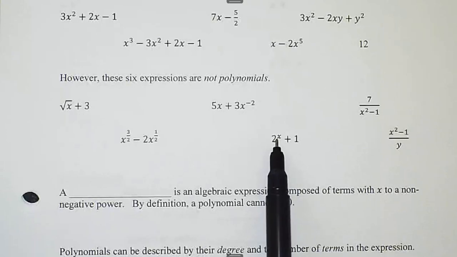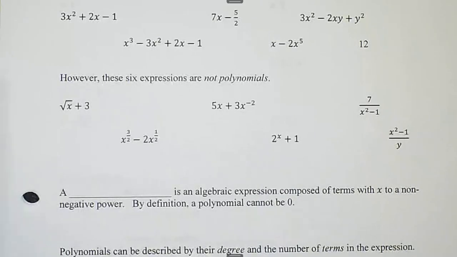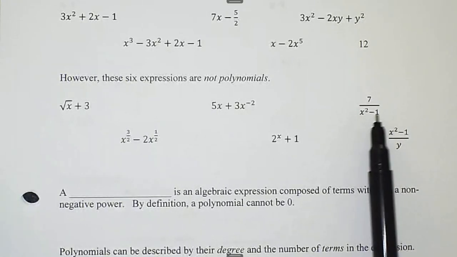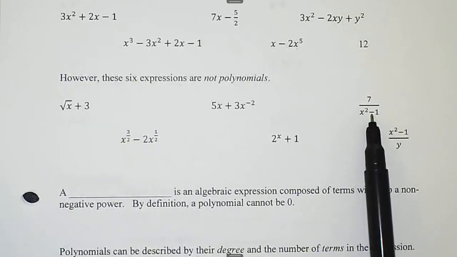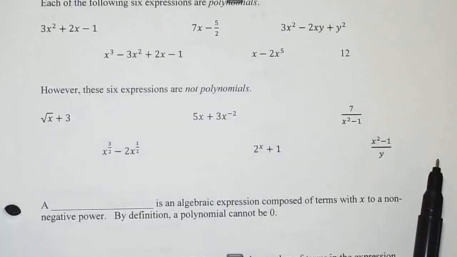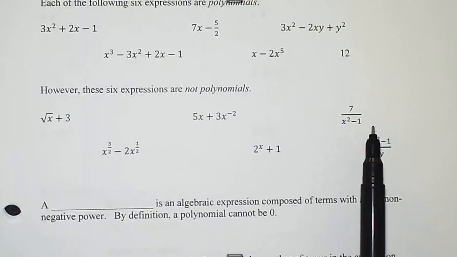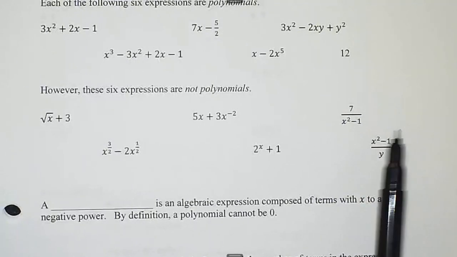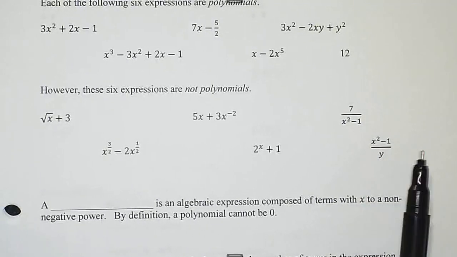When the exponent is a variable, it's not a polynomial. And then this here, when the x's are in the denominator. So it's okay to have a fraction, but not okay to have the x in the bottom. When I say okay, I mean it's okay, it's just not a polynomial. And then here, the y is in the bottom.